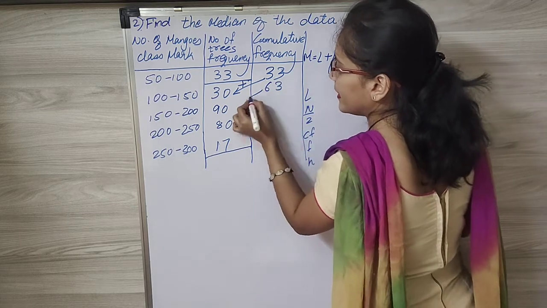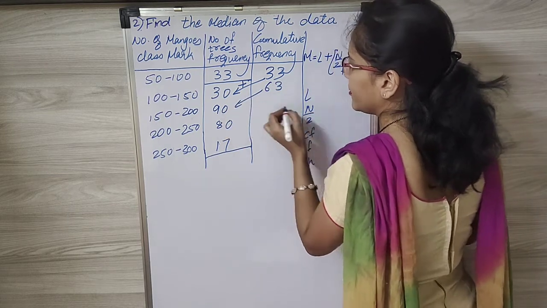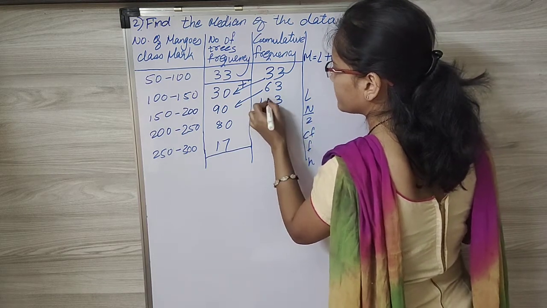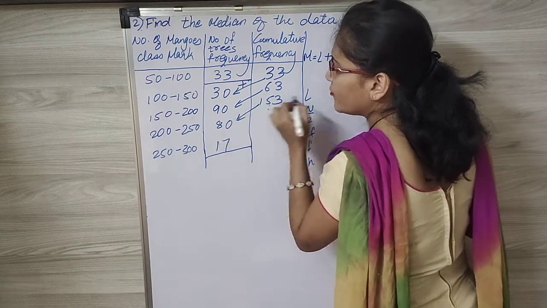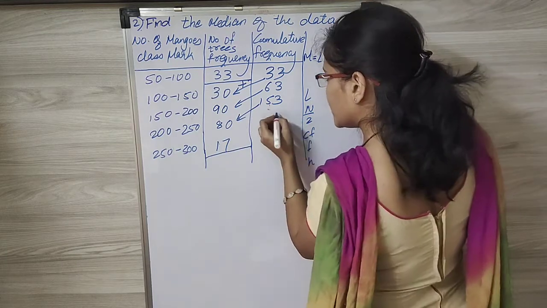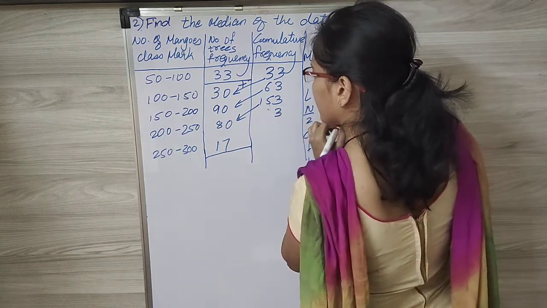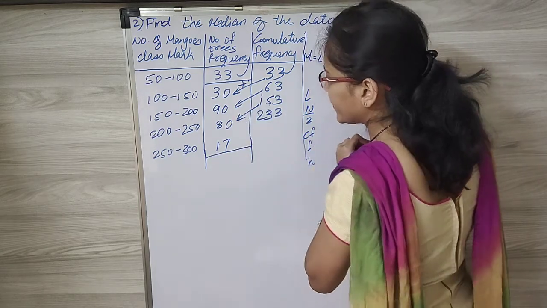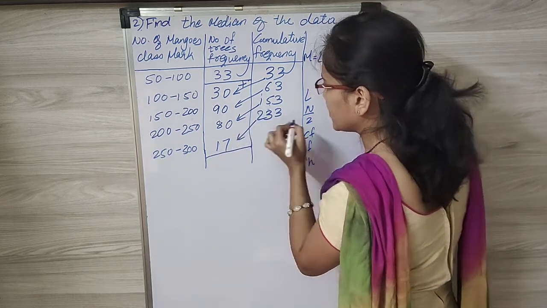Next, 63 plus 90 becomes 153. Next, 153 plus 80 becomes 233.